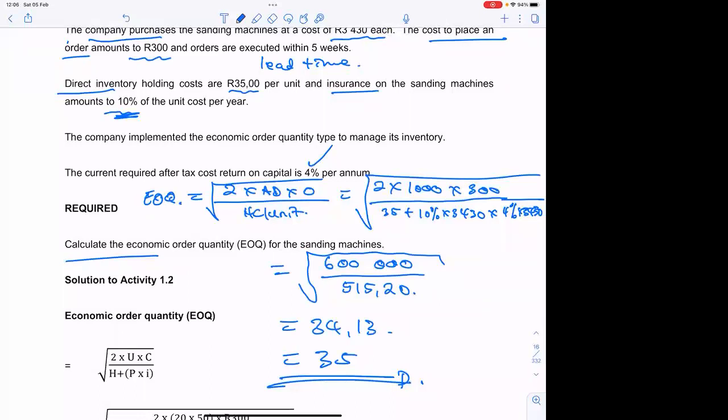So when we are rounding off, we round upwards. Even if your answer is 34.01, your approximate answer will be 35. So please take note, you round upwards. Is that clear?